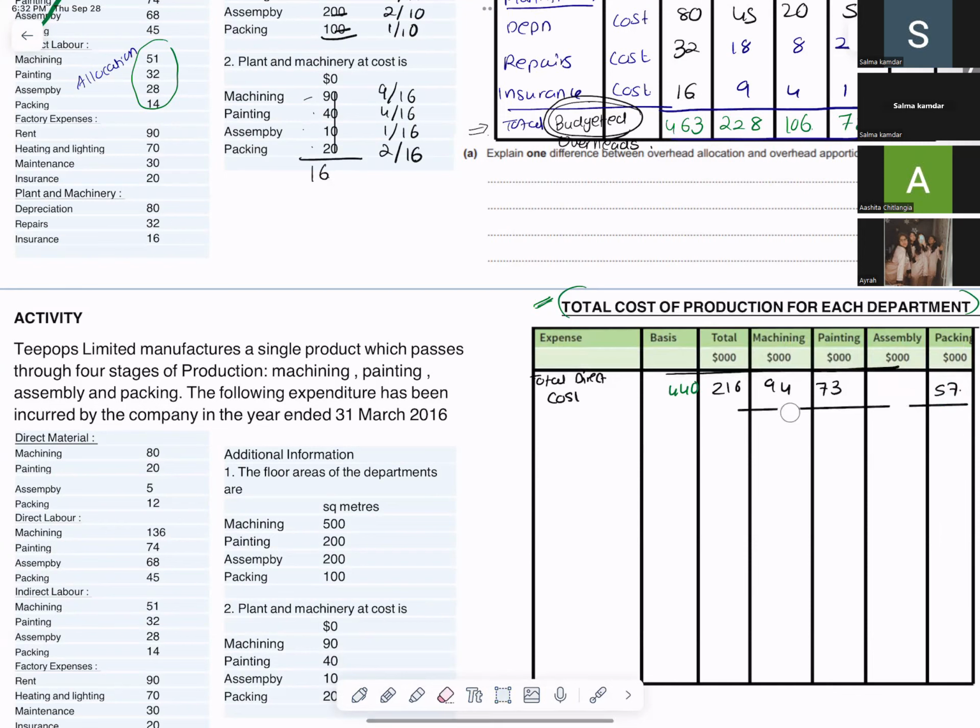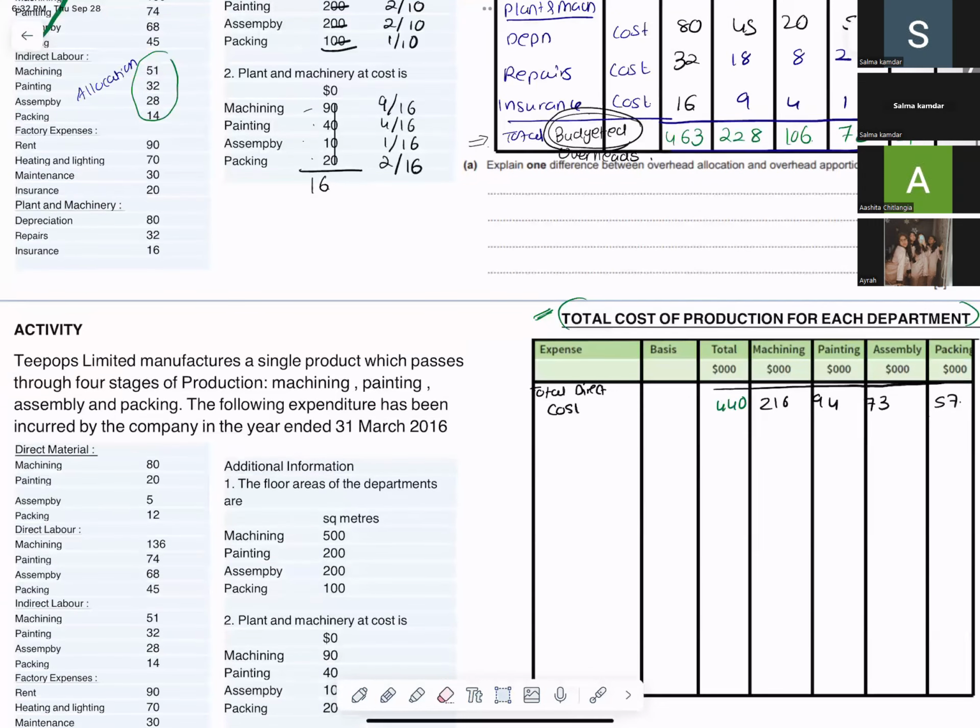It is 440, 216, 440, and 73. The total cost of production would be your total direct cost plus your total budgeted overheads.